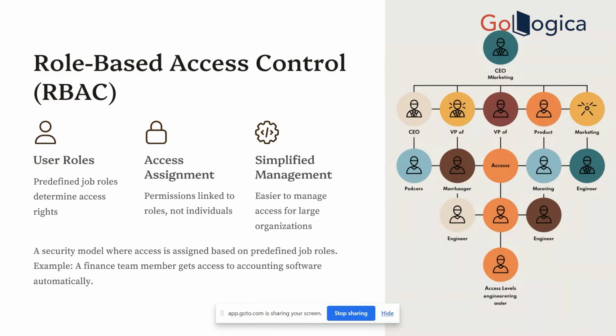Are you getting my point? Your role is already defined. You belong to the finance team, you are a member of the finance team, so some predefined access is given to you automatically.